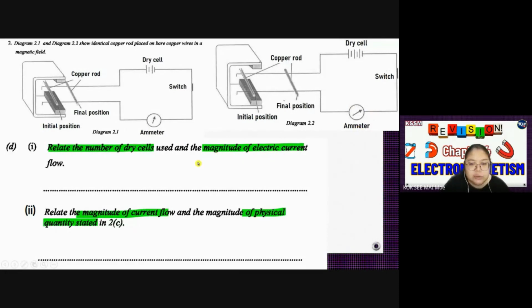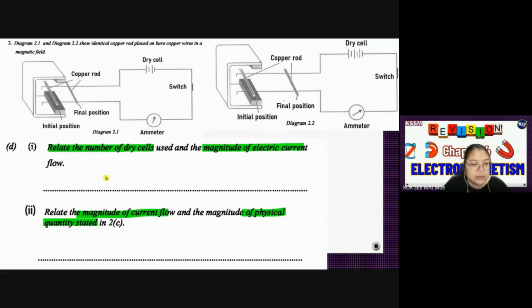So from here, actually, what do we do? We answer straightforwardly, MV first, then later RV. So the MV should be the dry cell. When the number of the dry cell increases, the magnitude of the electric current also increases. If you want to mention directly proportional, it is okay, but it must be a full sentence.